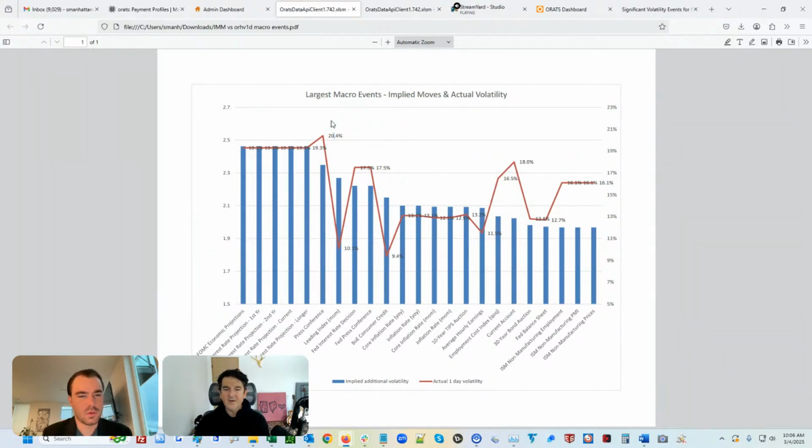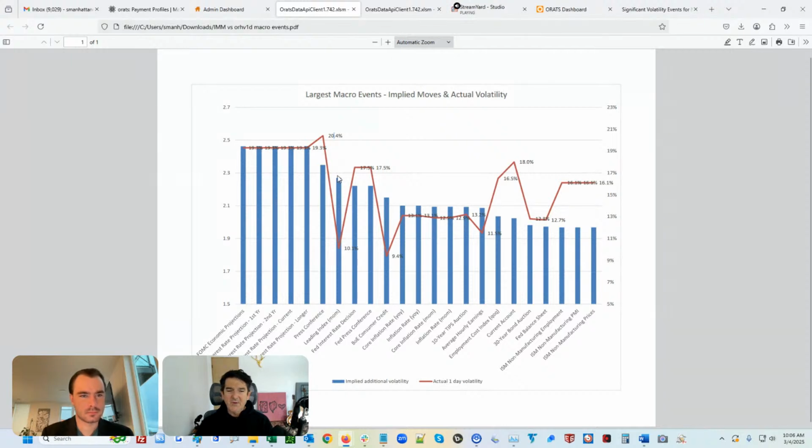Interesting. So why is that interesting early on in the graph? Now, what happens later on in the graph? Like why is there a bigger gap? So then what happens is, I've sorted these by the largest implied moves, and then I've overlaid the red, the actual moves.